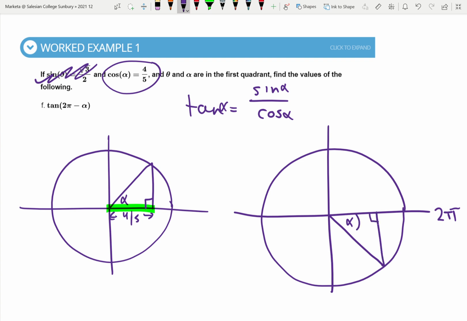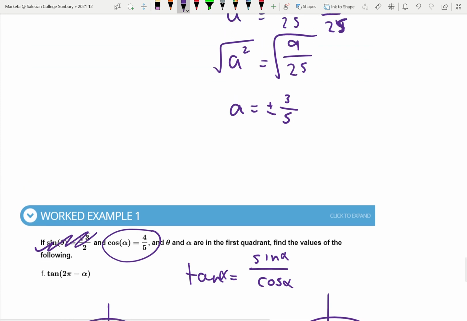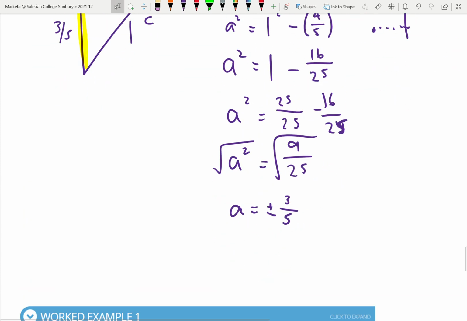So let's see now if we move that triangle around. I mean, really, we could just flip it over. This value is still the same, 4/5. It's still positive as well. This is still 1. We need to find the sine value because then we can do sine over cos. And I believe we just did that a second ago. Yes, we did. It's 3/5.